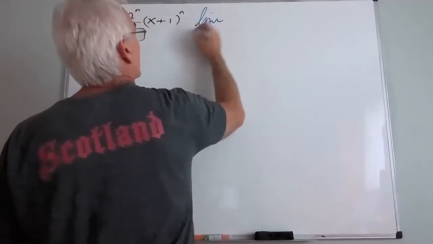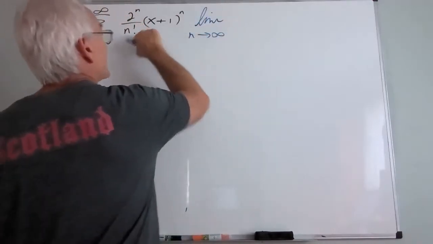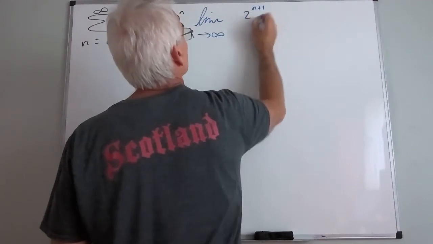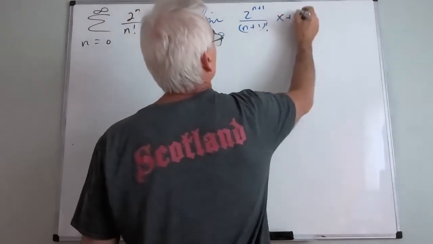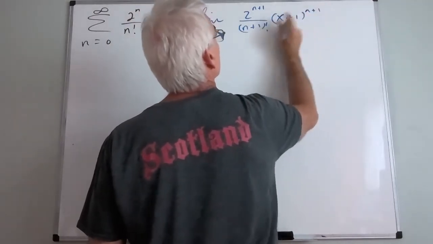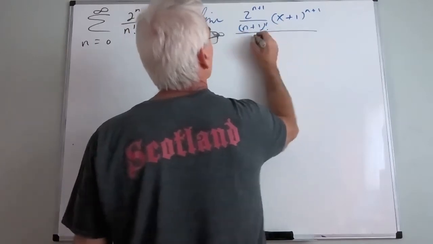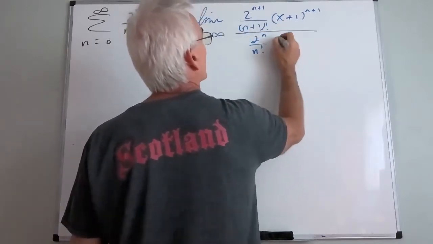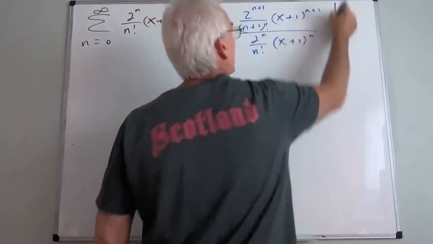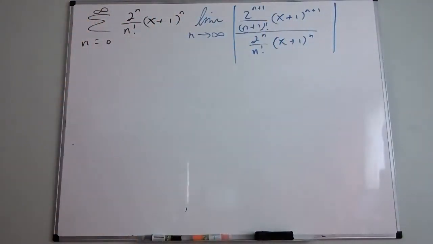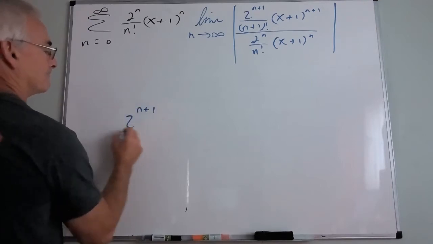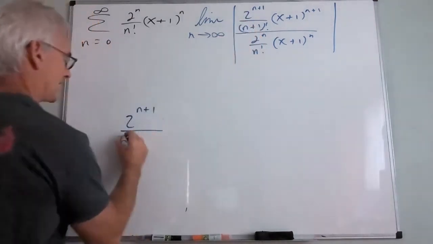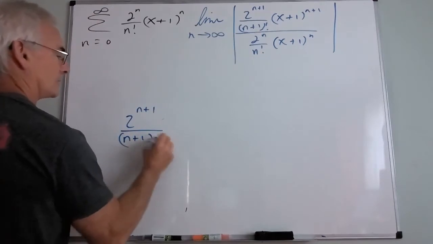So I'm going to take the limit as n goes to infinity of the absolute value of the n plus first term, n plus 1 factorial times x plus 1 to the n plus 1, over 2 to the n factorial times x plus 1 to the n. Now, am I going to get any canceling here? I'm going to do some scratch work off to the side. Can I write that as n plus 1 times n factorial?